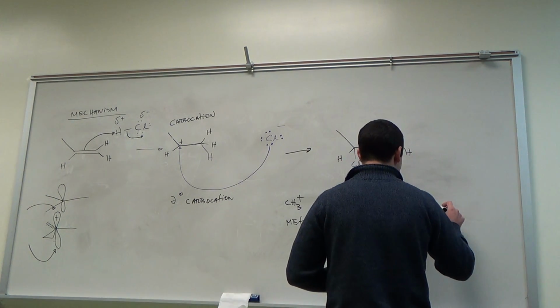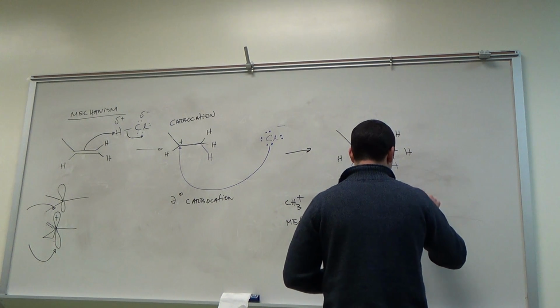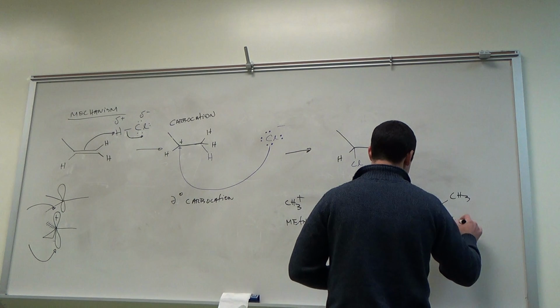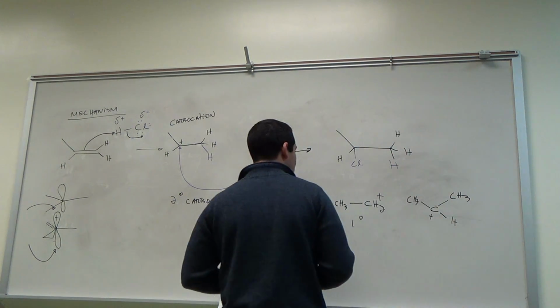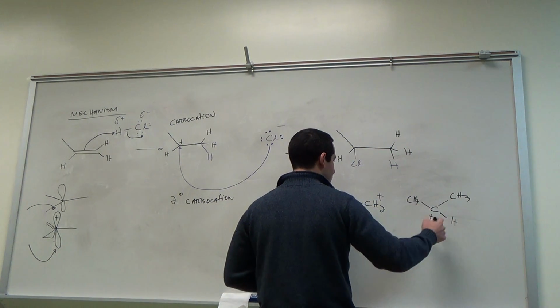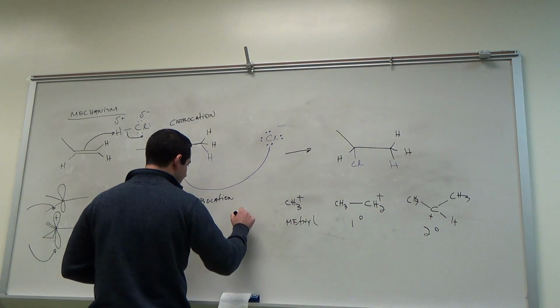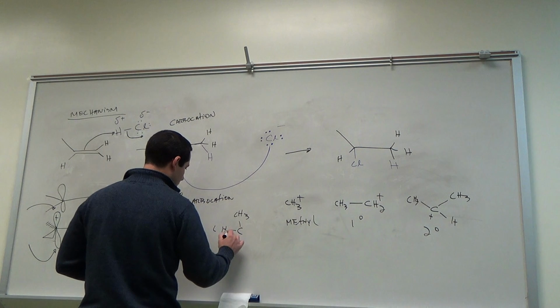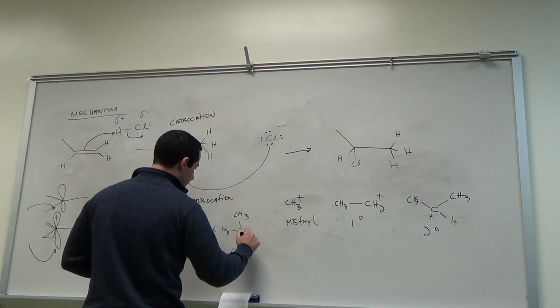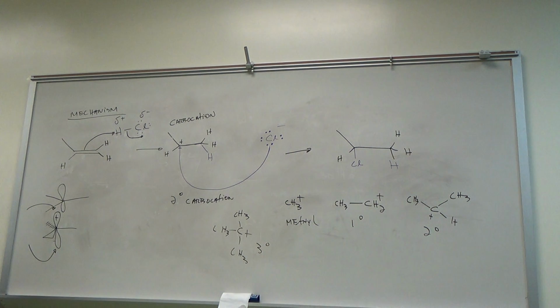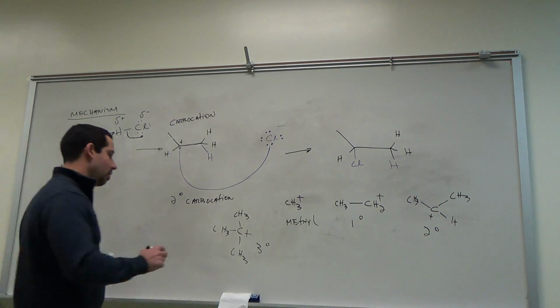And then you have this type of carbocation, which is secondary. And then we have this type of carbocation, which is tertiary. There is no quaternary carbocation. So the most stable carbocation is the tertiary carbocation.